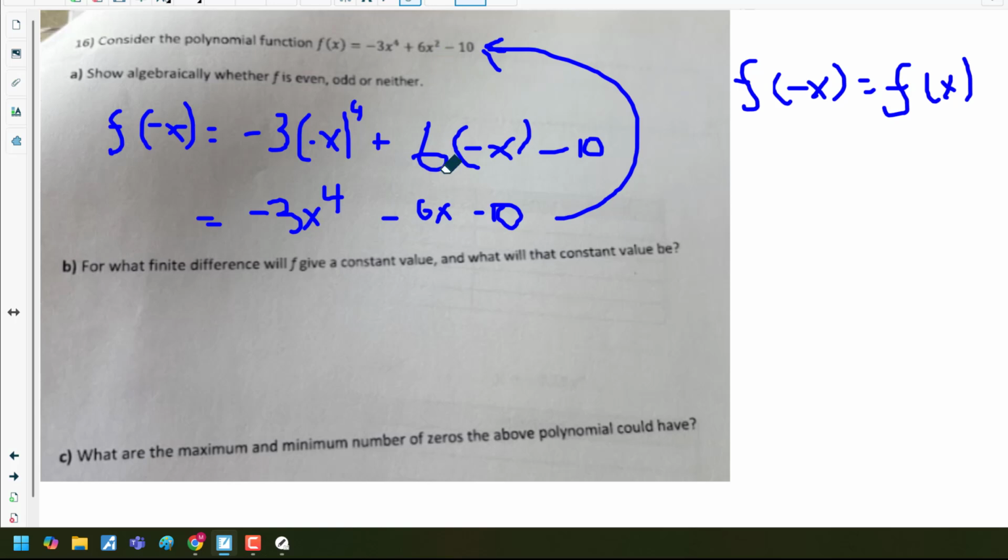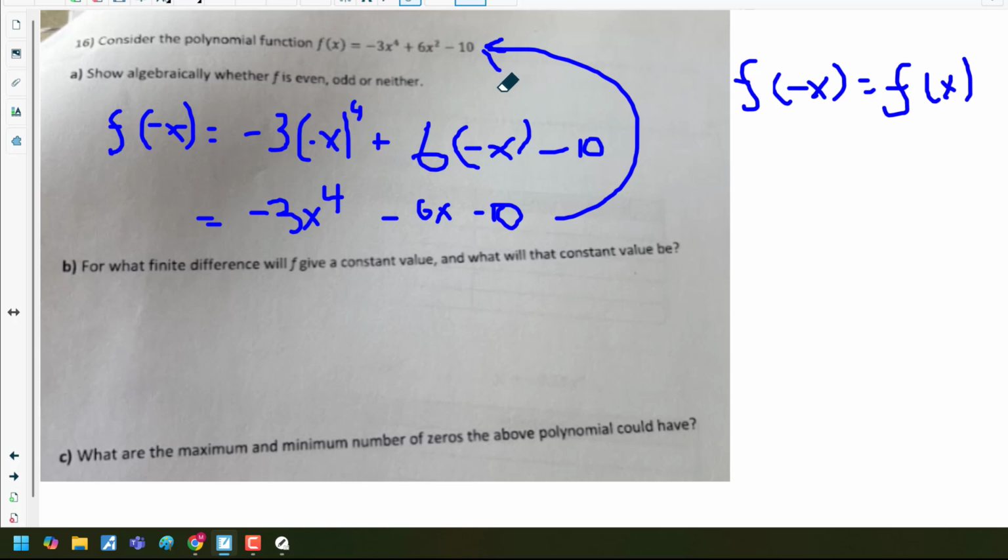And instead of being plus 6x, it's negative 6x, so that's different. Because it's different, then you have to see if it's odd or neither. In this specific case, if it's negative 3x to the 4 plus 6x minus 10, that's going to be neither.